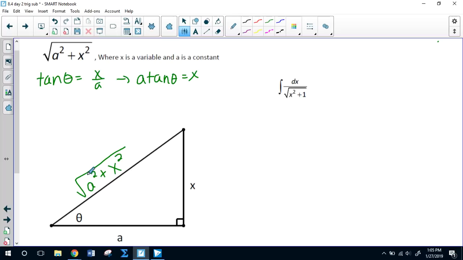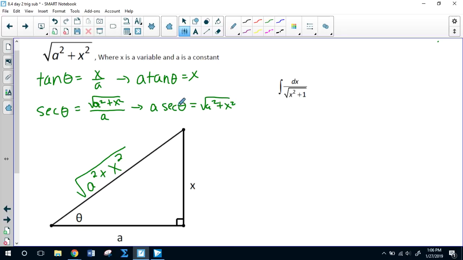So I look at that and I see cosine, but that puts this ugly thing in the denominator. So I'm going to use secant instead so that I don't have that radical in the denominator. So secant is equal to the hypotenuse over the adjacent side, which means a secant theta is equal to the square root of a squared plus x squared.